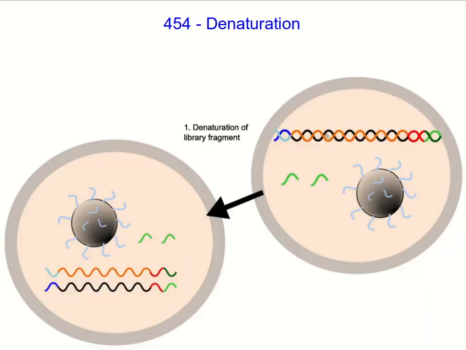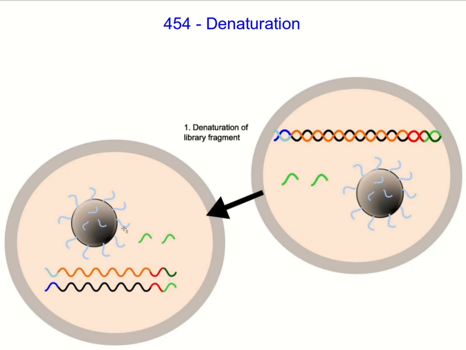Once we have separated our library fragment here, the primers and the bead, what follows is essentially a PCR, where each droplet in the PCR tube acts as its own PCR reaction.